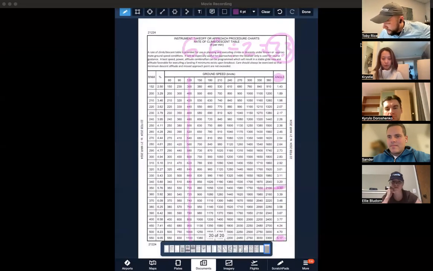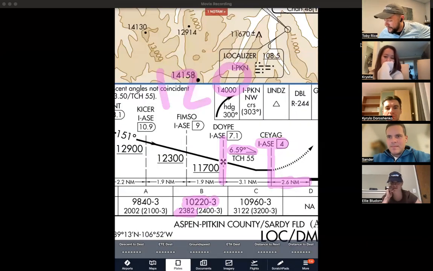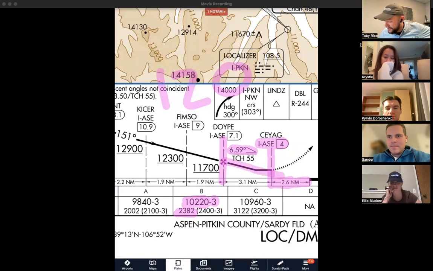So 3.3 would be a 700 feet per minute descent rate. Times 2. Times 2 is 1,400. So I would have to descend at 1,400 feet per minute from DOIPI, 1,400 feet per minute to make a stable descent to the runway.